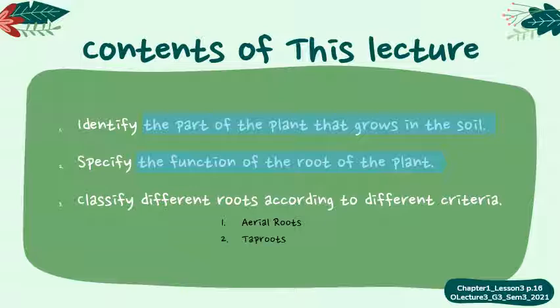Tap roots consist of one main root with smaller side roots. Dandelions are examples of plants with tap roots. Fibrous roots look like messy hair. There is no main line.